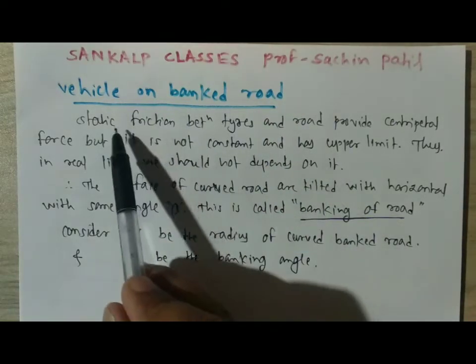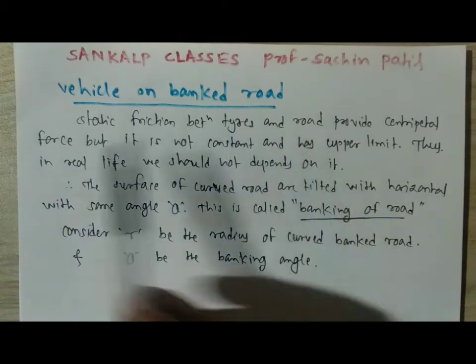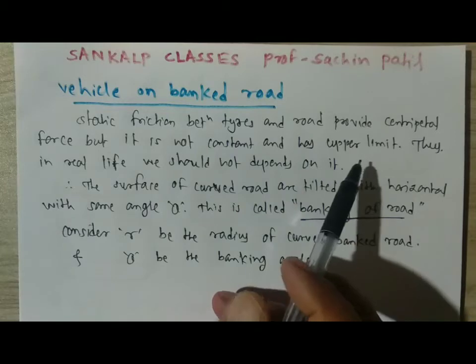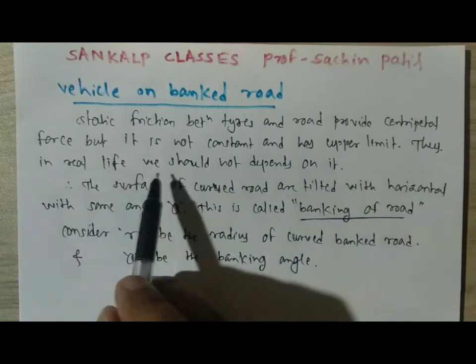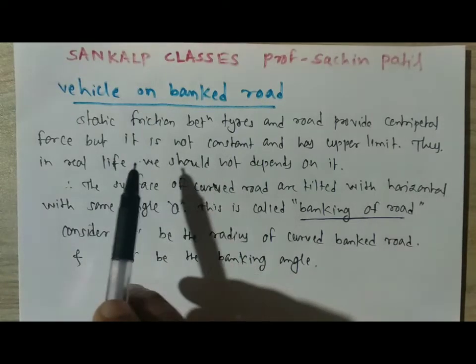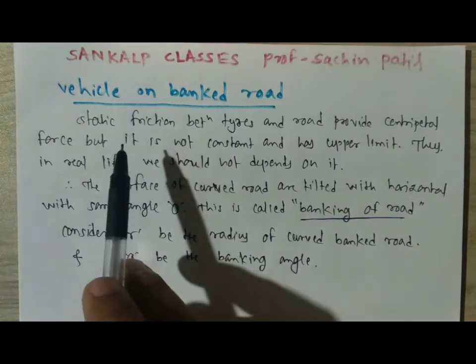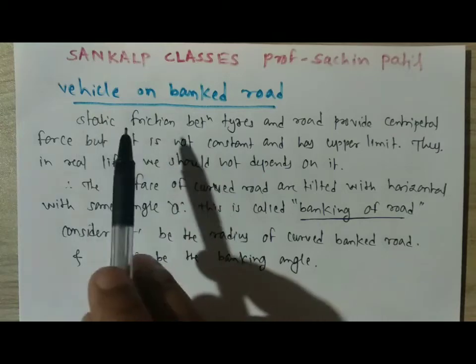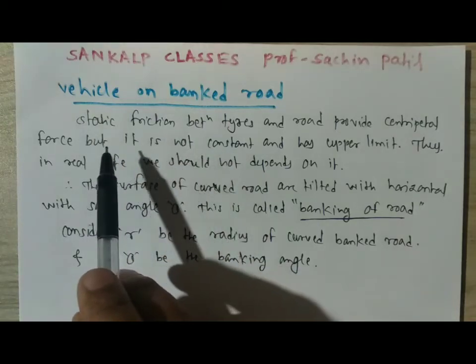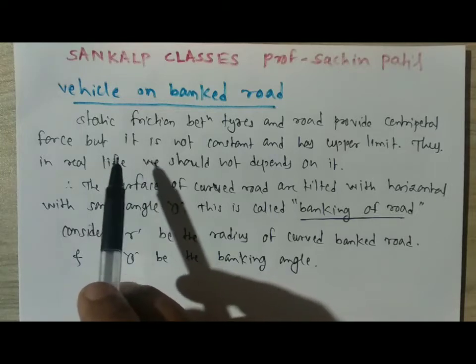We know that the static friction between the tires and roads provides the centripetal force, but it is not constant and has an upper limit. Thus, in real life, we should not depend on it, because in many places the friction force between tires and road is not the same.